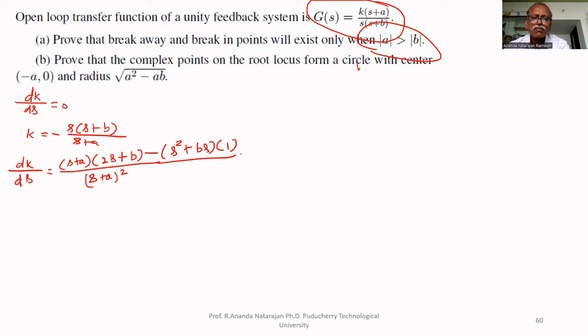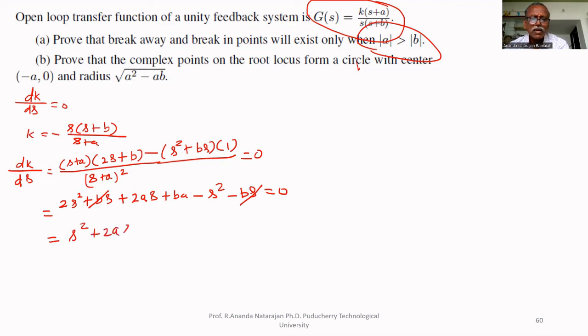That is equal to 0. Therefore, 2S square plus BS plus 2AS plus AB minus S square minus BS equal to 0. BS gets cancelled. Therefore, that is equal to S square plus 2AS plus BA.